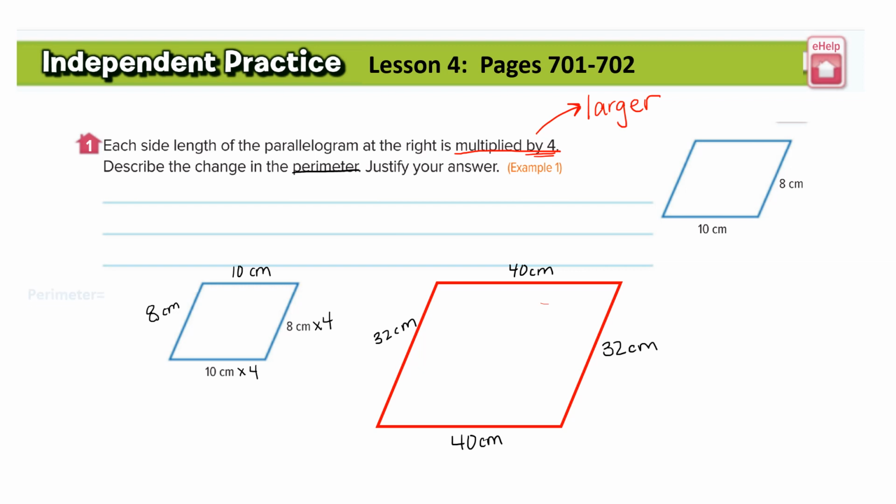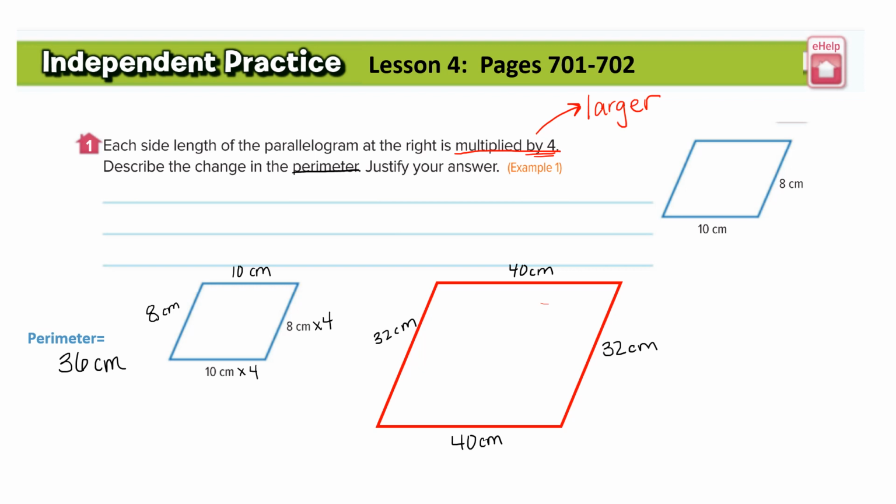So for the perimeter of the blue shape, you would do 10 plus 10 is 20, 8 plus 8 is 16, and if you add that together, you should get 36 centimeters.